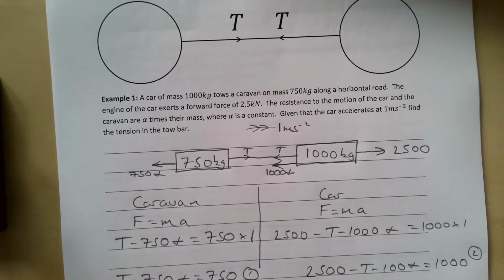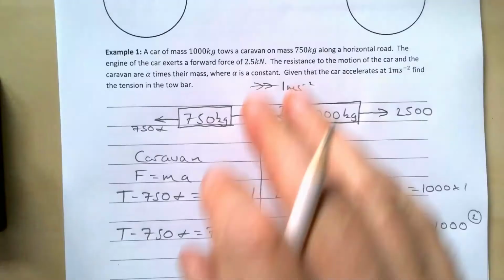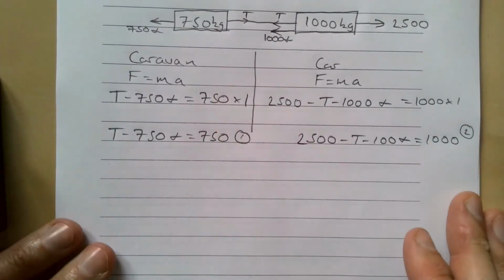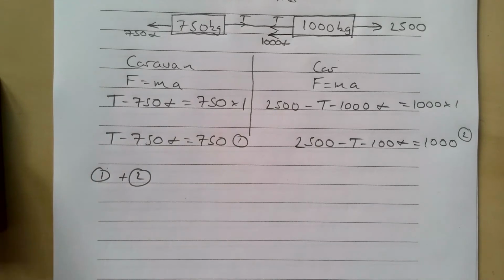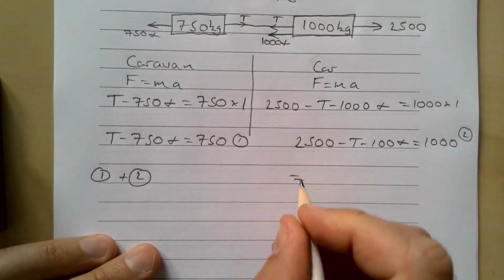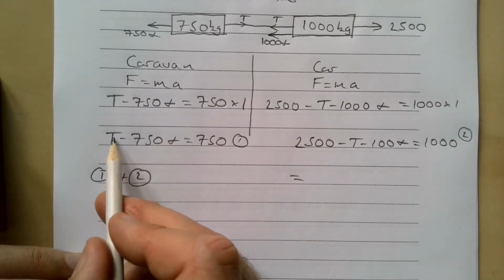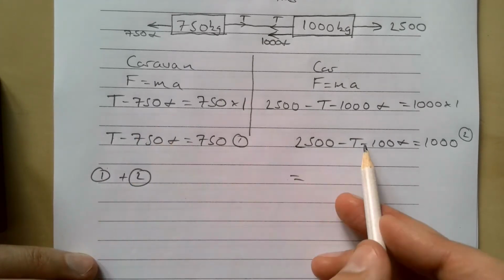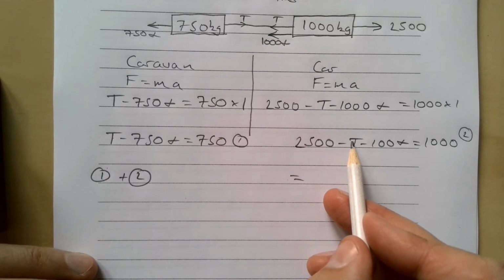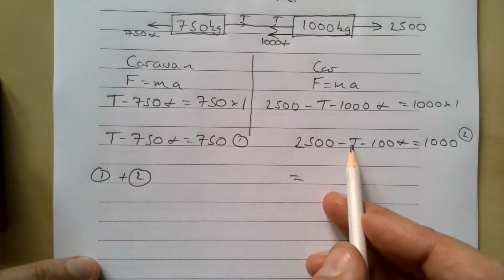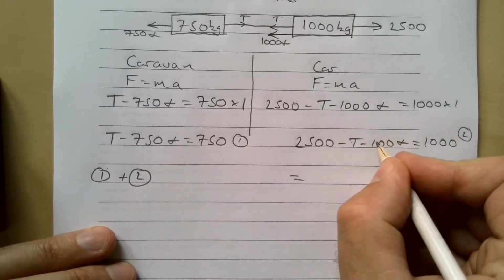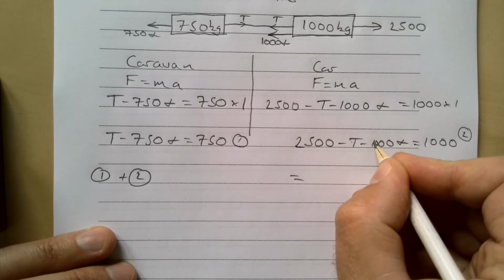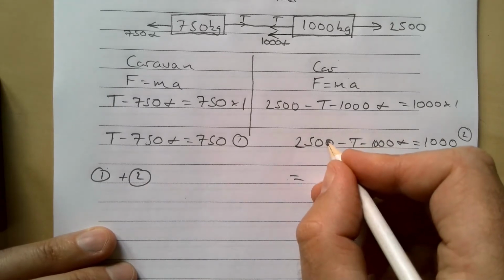So I'm going to do 1 plus 2. If I do 1 plus 2, the T's should disappear. That T is a T, so if I add this and this, they disappear. Hope this isn't too complicated for people. And then minus 750 alpha and minus 1,000 alpha is minus 1,750 alpha, and then 2,500.